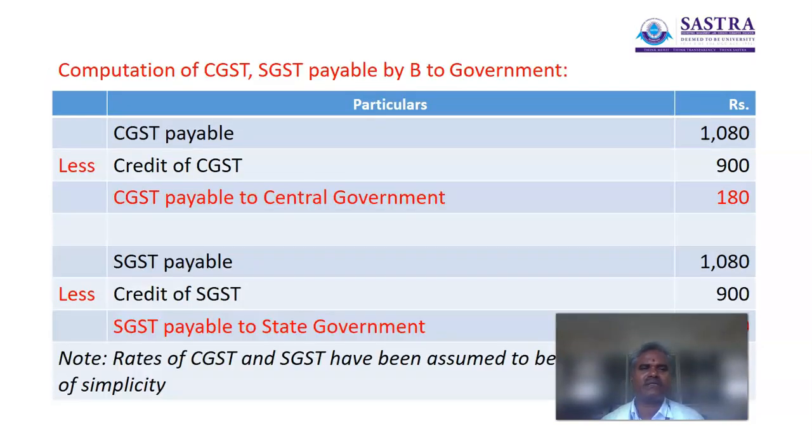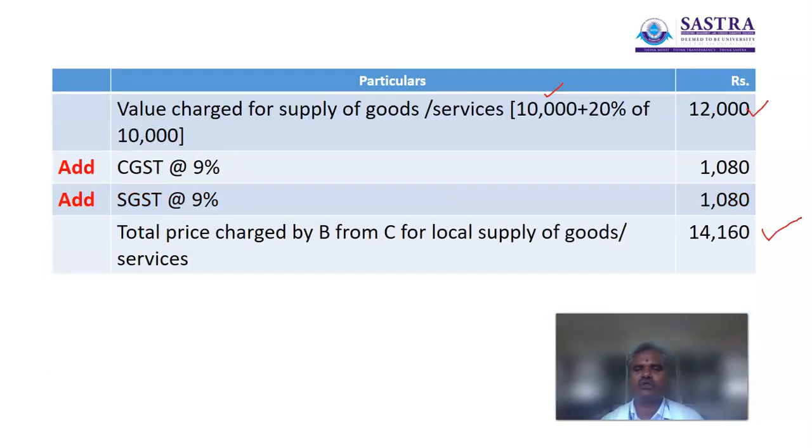And computation of GST payable by B to the government. How much tax does B have to pay to the government? B has to pay 1,080.